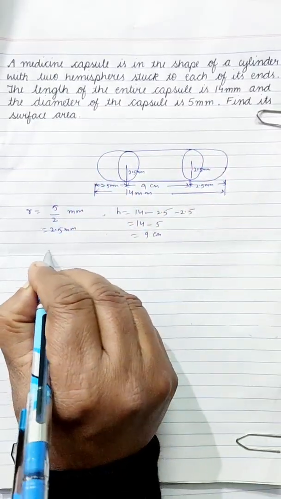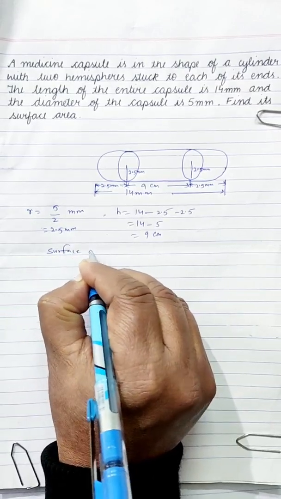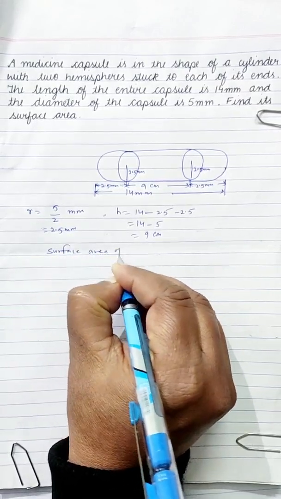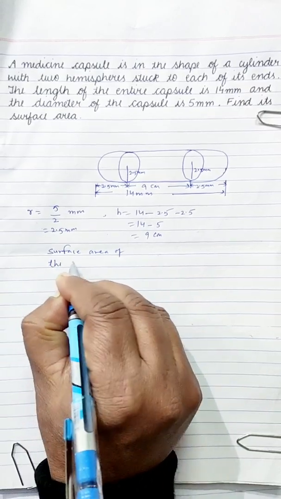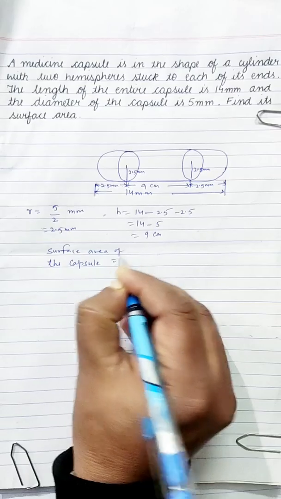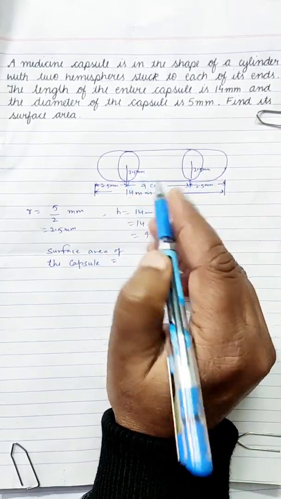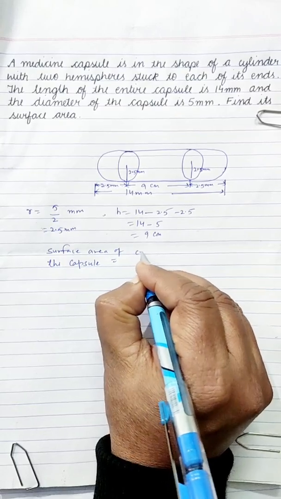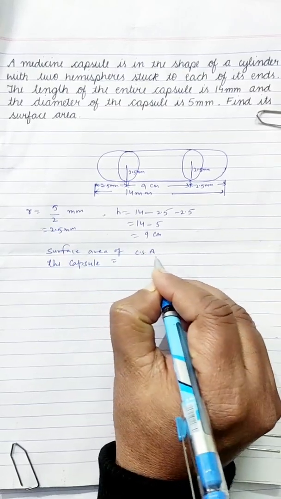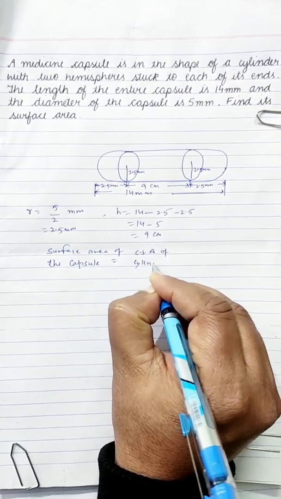So for the surface area of the capsule, there is cylindrical part in the middle. We find its curved surface area, CSA of cylinder.